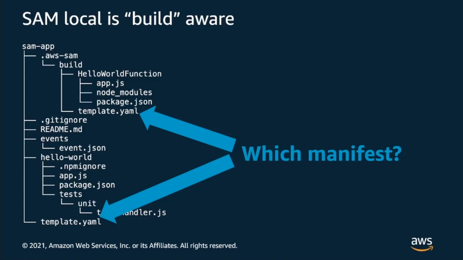Now, when I run SAM local, it's going to check to see if .aws-sam exists, and it's going to use the manifest or the template.yaml from that folder, which points to this hello world function under the build folder. If that doesn't exist, then it'll use the root one, which works for things like Python or Node, which are mainly the languages I work in. But it won't work for something like .NET or Java because they're not compiled at this point.